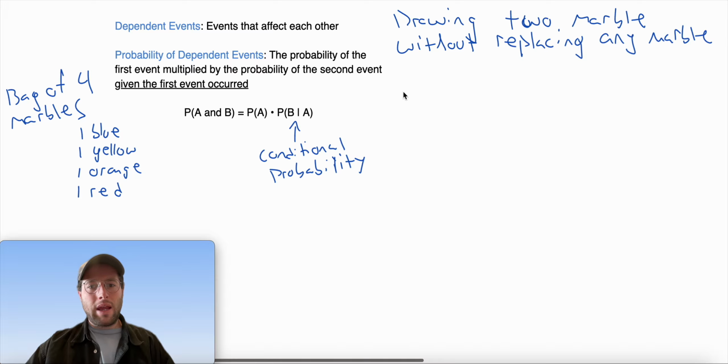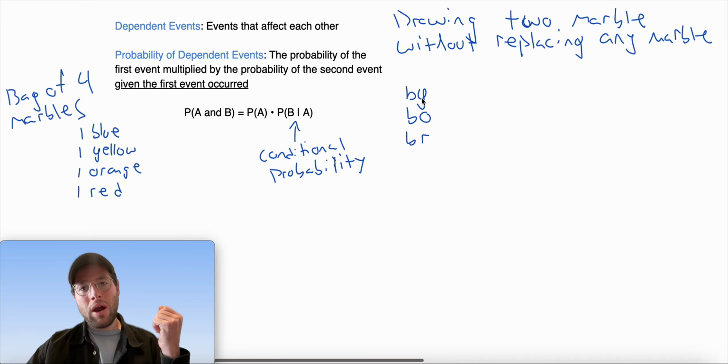We could do a blue first, and then we could do yellow, a blue and orange, a blue and red. And notice here that I don't have blue and blue because after I draw out that blue, I'm not putting it back into the bag. So there's no possible way that I could get a blue and a blue if I already took that blue out.